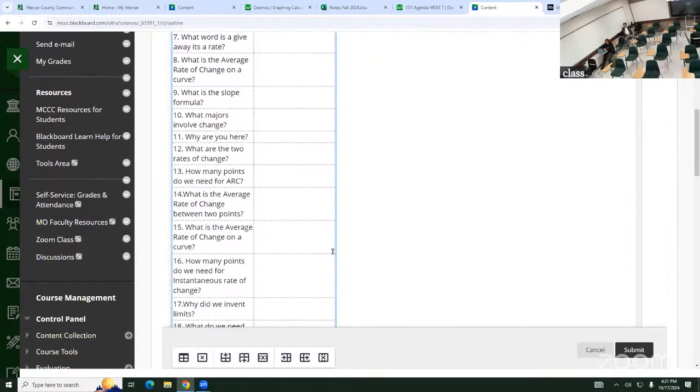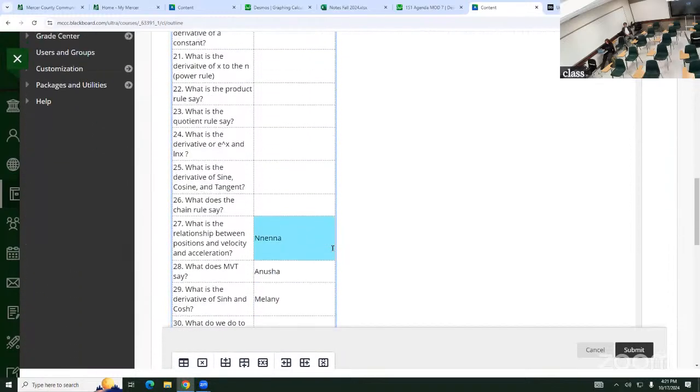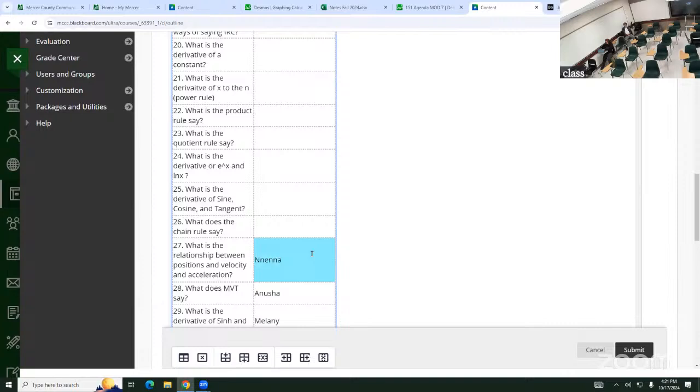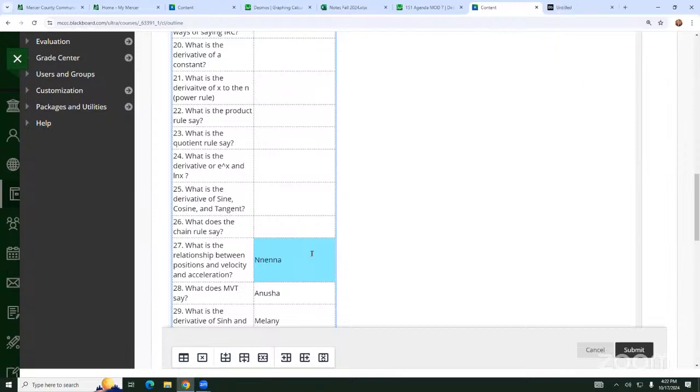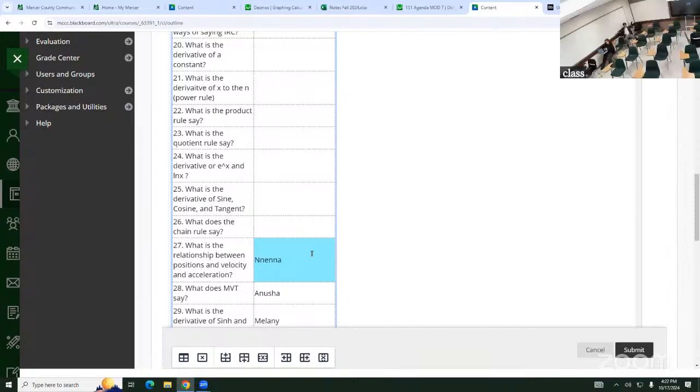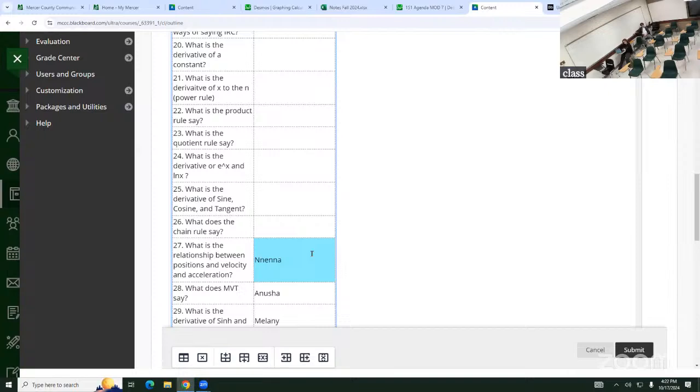All right. Let me just finish these attendants here. Nana, you're here. What's the relationship between position, velocity, and acceleration? Velocity is the first derivative and acceleration is the second derivative. It is. And so now, Nana, if you want to go backwards, suppose you have the acceleration.